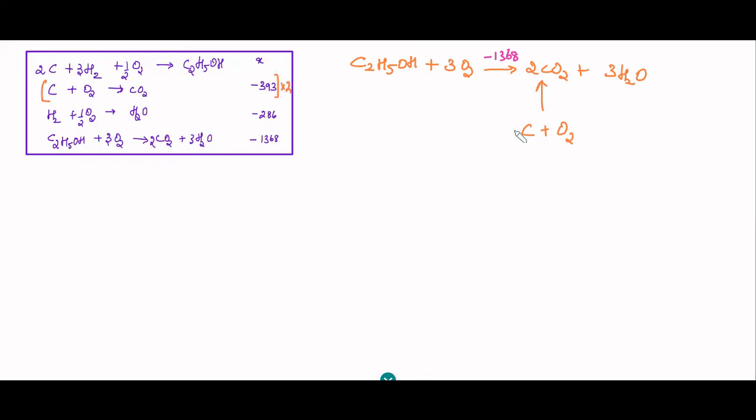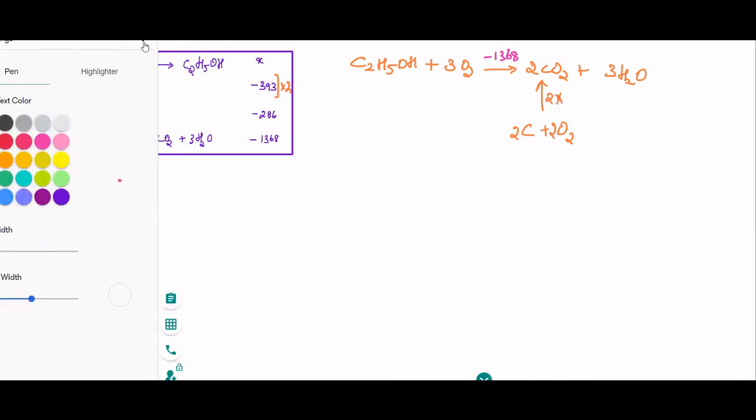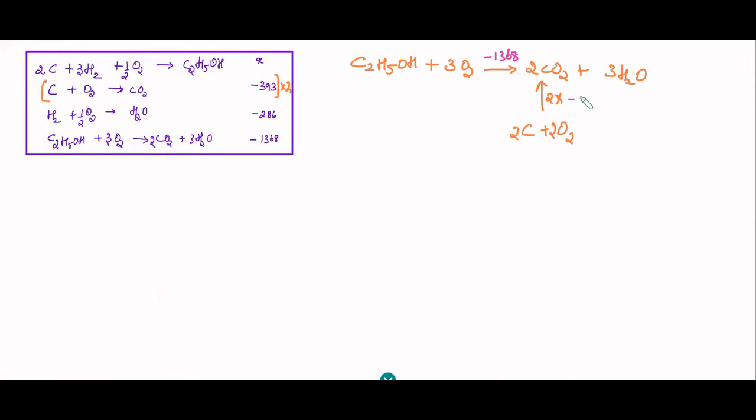So I get 2C plus 2O2 giving 2CO2. It would be 2 times the data given to me, which is minus 393.